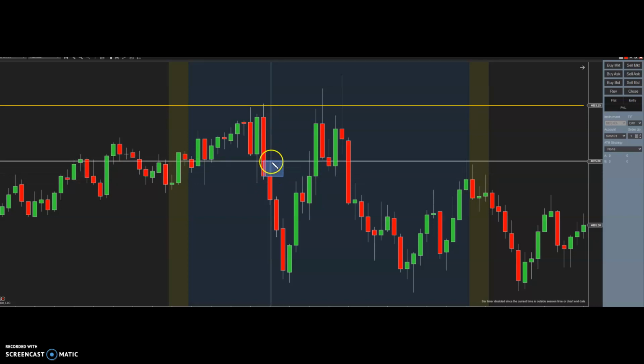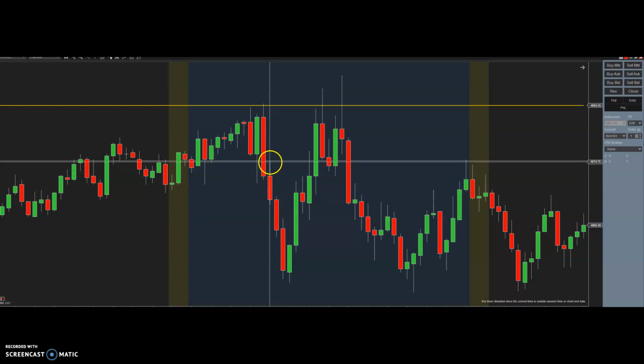Okay, the market pulled back. All right, good. So we have a down bar. From that down bar, the market pulled back and created a wick, because this wick was green first.